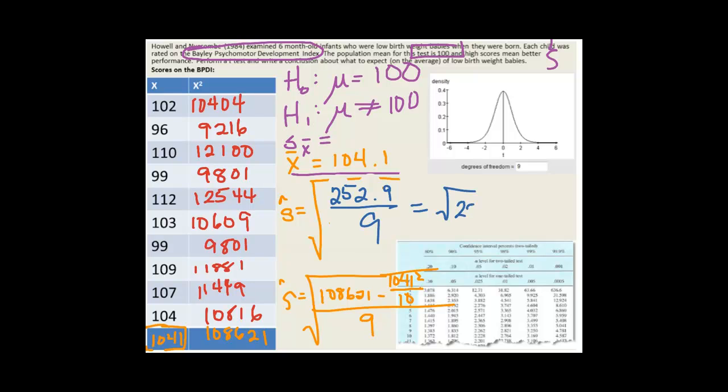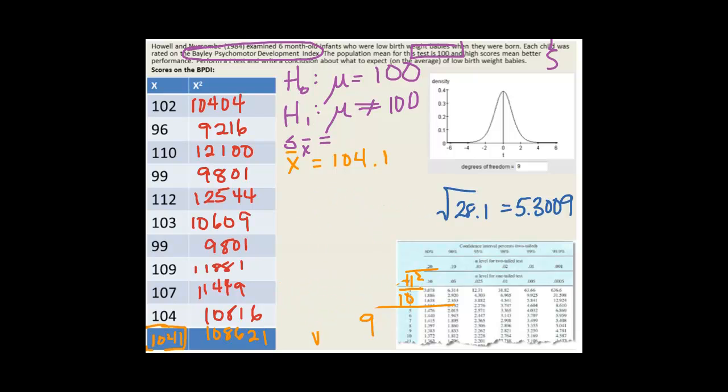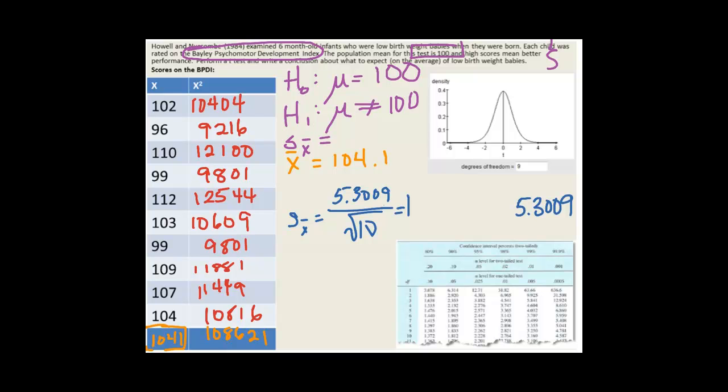So S hat equals 5.3009. Not done yet, though. We've got to take that S hat and turn it into an S sub x bar by dividing by the square root of n. So 5.3009 divided by the square root of 10 gives me an S sub x bar of 1.6763.